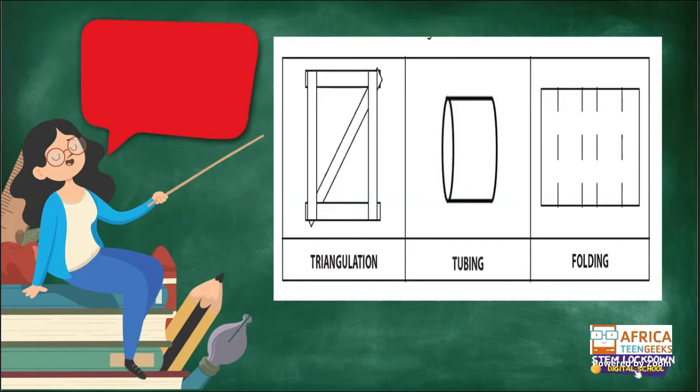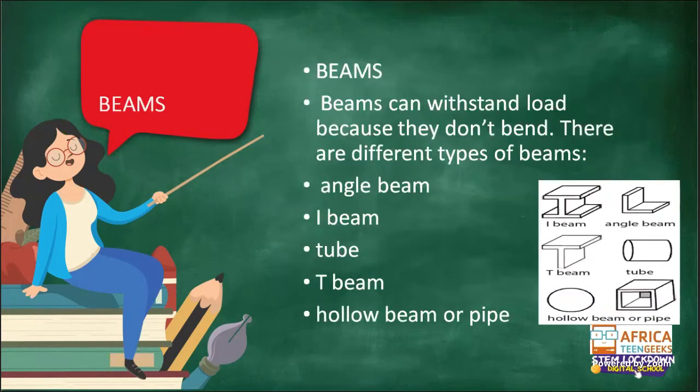All right. Now let's go on. We are looking at beams. Beams are also reinforcement techniques. Now beams can withstand load because they don't bend. There are different types of beams according to your needs. So we have got angle beam, we have got I beam, we have got tube beam, we have got T beam, we have also got hollow beam or pipe.